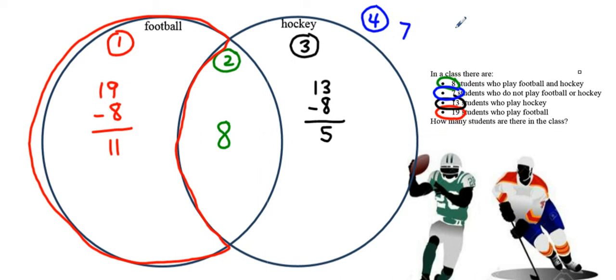Then to find out how many students are in the class, you take the football only people, the hockey only people, the people who play both, and the people who play neither, and just add them together. And that would give you 31 students.